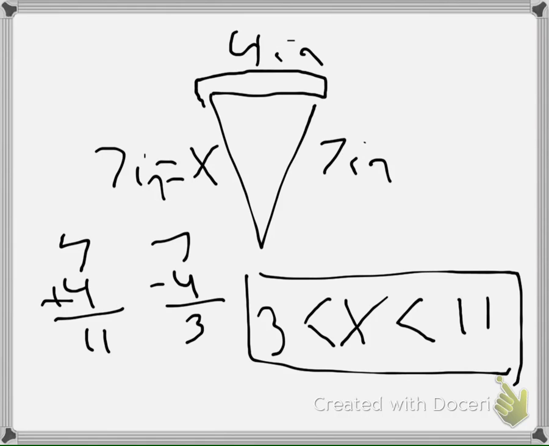And if we look down at our inequality below, we can see that 7 would in fact fall between 3 and 11 inches. Our inequality has proven that our knowledge of triangles, as it relates to isosceles triangles, is correct.